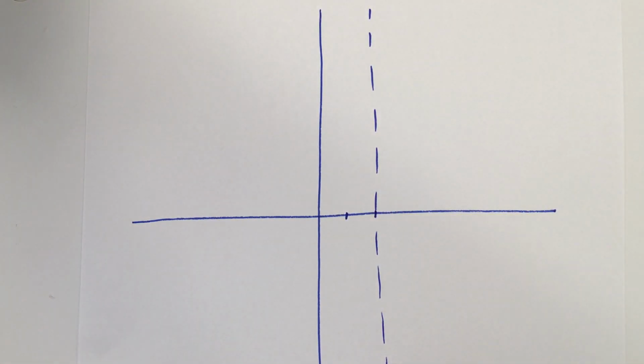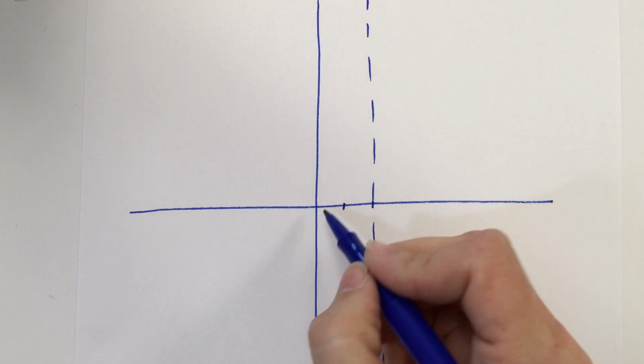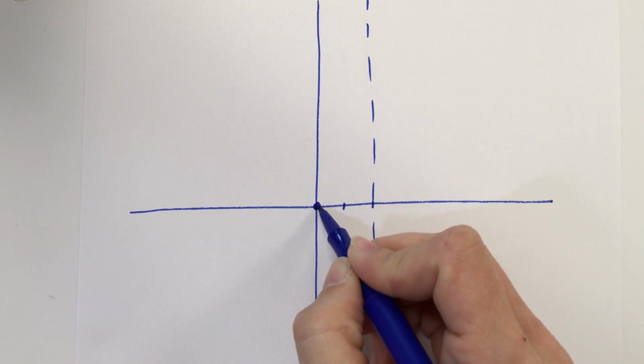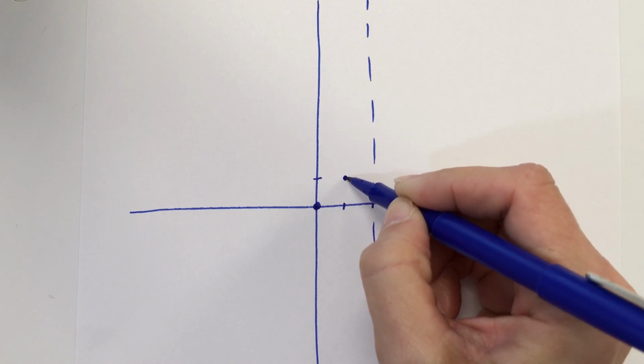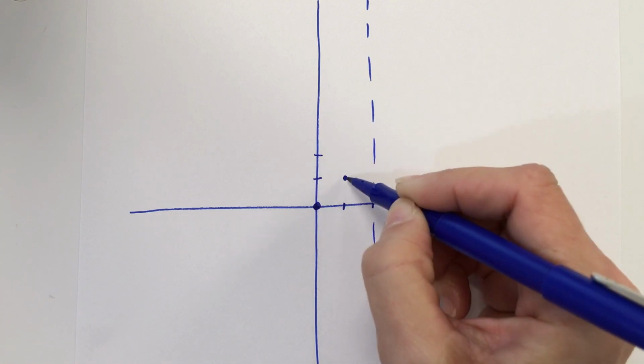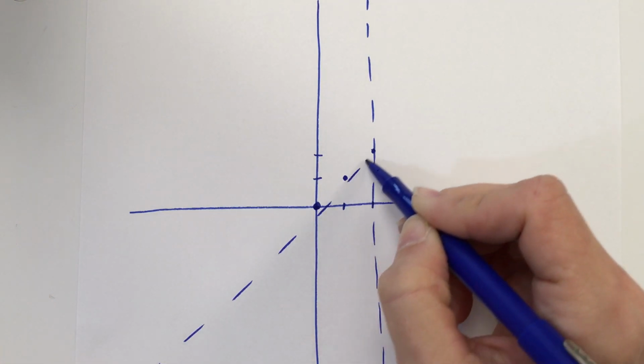Now my slant asymptote, remember, is the line y equals x. So just graph that based on y-intercept and slope. Of course that's going to go through the origin, and it has a slope of 1. So up 1, right 1. I'll go ahead and count it off one more time. Up 1, right 1. So this is going to be my slant asymptote.